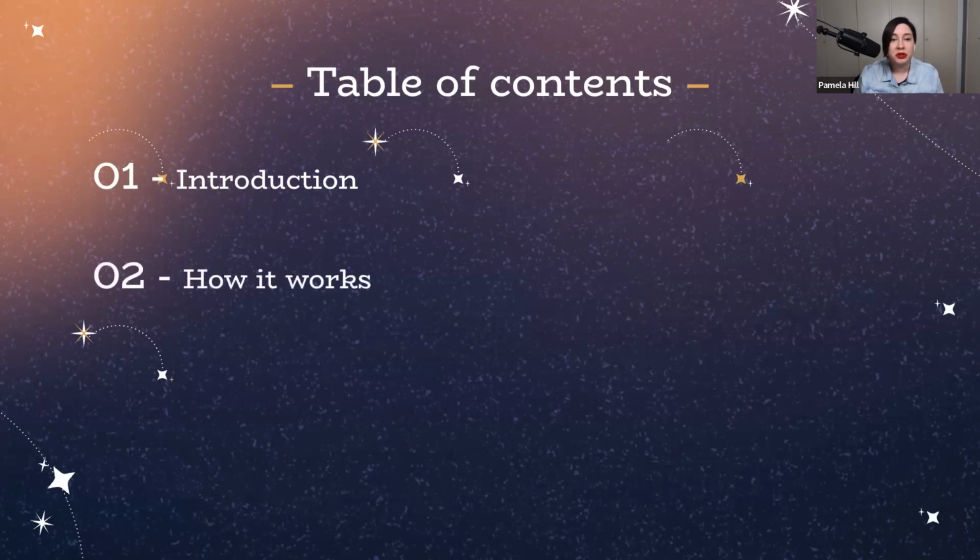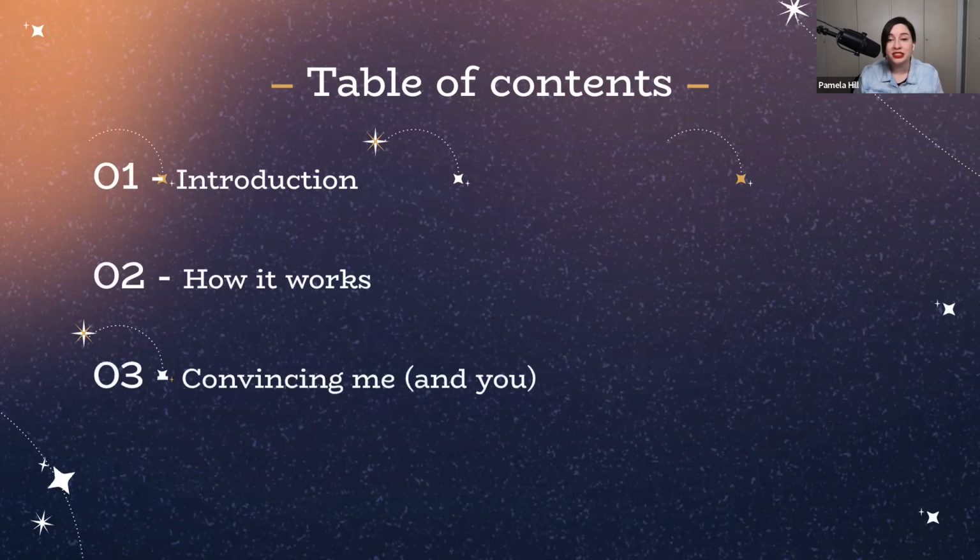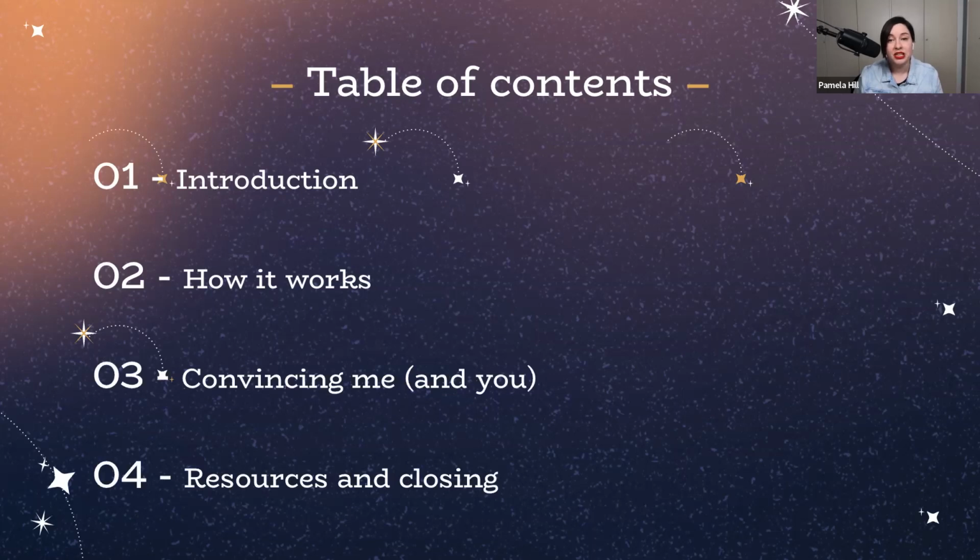Of course, one of the most important parts of a talk for skeptics is the part where I convince you that this technology is worthwhile investigating. In the last section, I'll share some of the most helpful resources that I've found during my research for you to go and check out. I'll also be sharing some links at the end with my slides and with my resource article, so just keep an eye out for those.